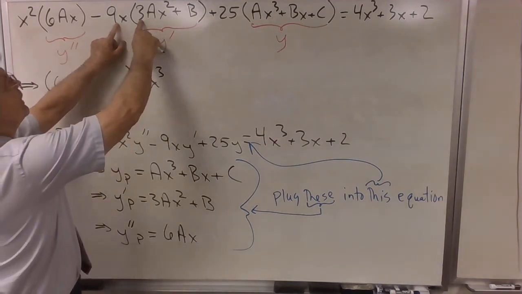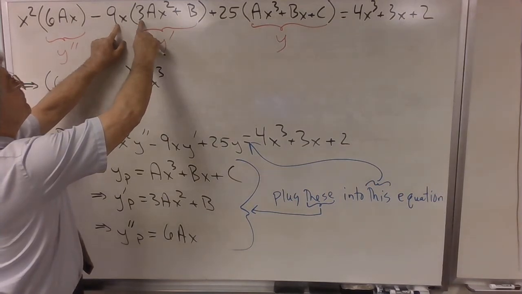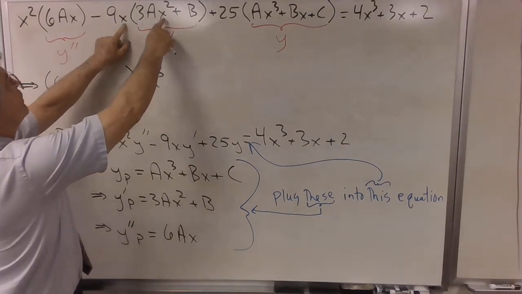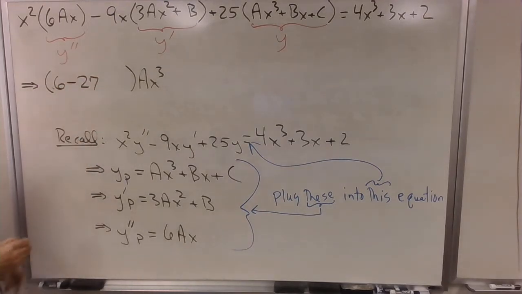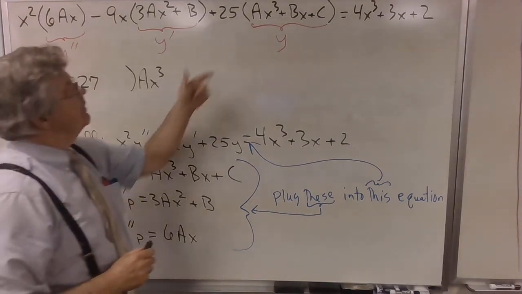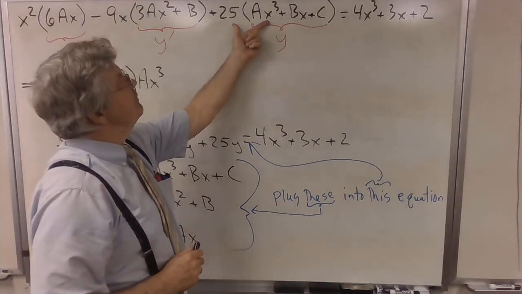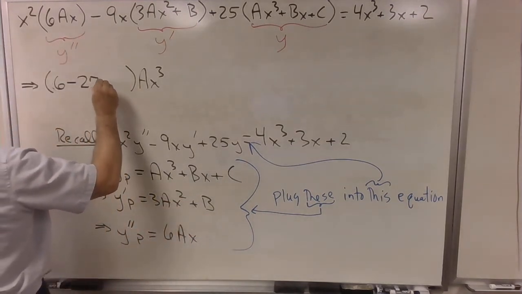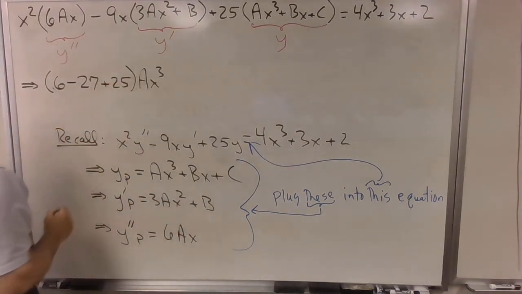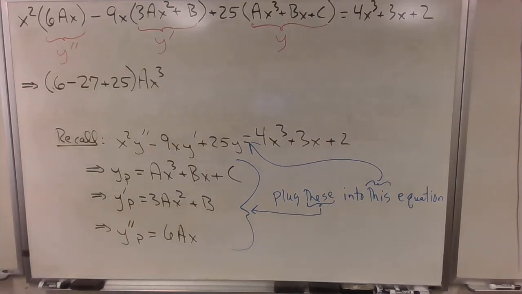Here, I'm going to get negative 27ax cubed. And then here, I'm going to get plus 25ax cubed. So I got my ax cubes all taken care of.